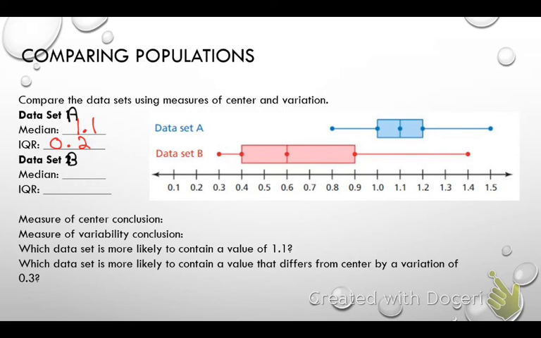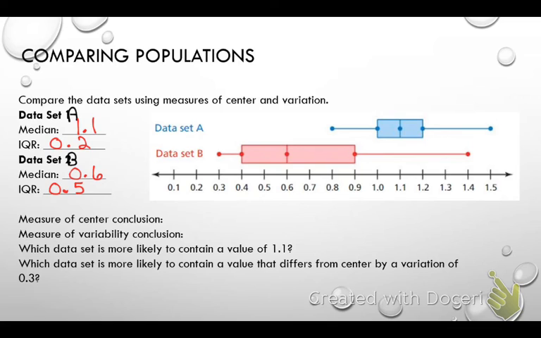It's 1.2 minus 1.0, so it's 0.2. Median for data set B? 1.6. Okay. And IQR? 0.5. Okay, 0.5.